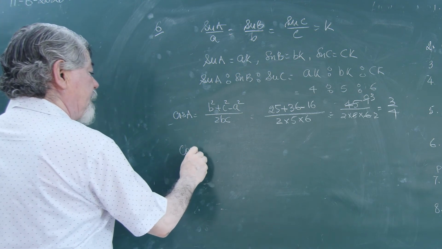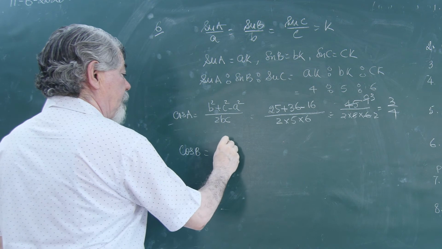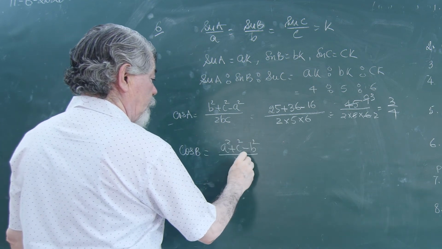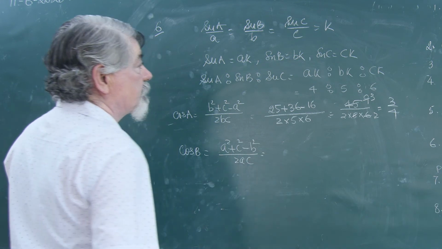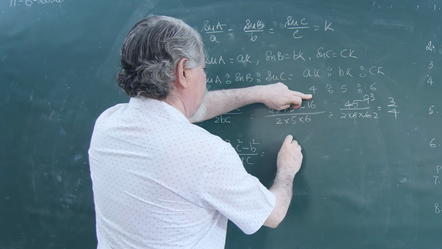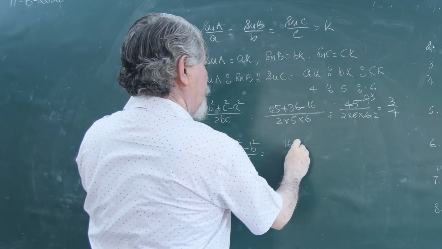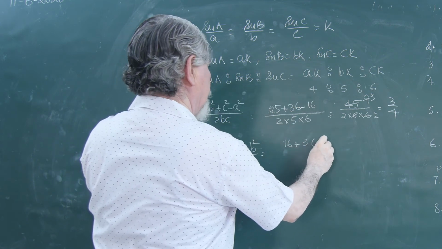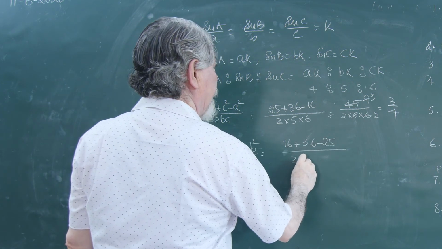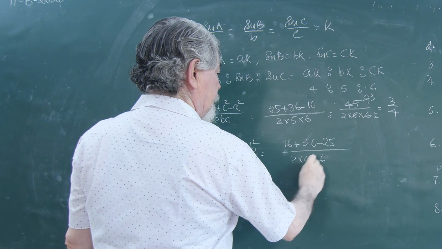Cos B will be A square plus C square minus B square upon 2AC. Now let us see what is A. A is 4, square 16, C square is 36, minus B square is 25, upon 2 into A, 4 into C, 6.